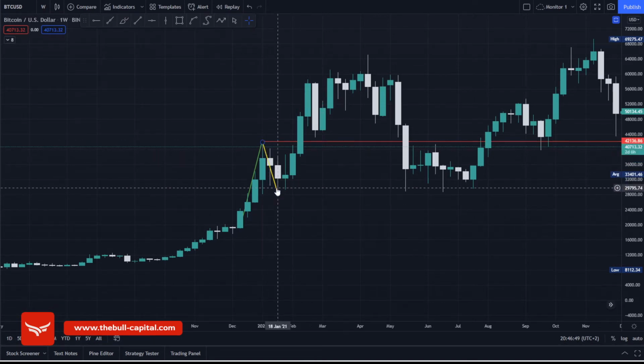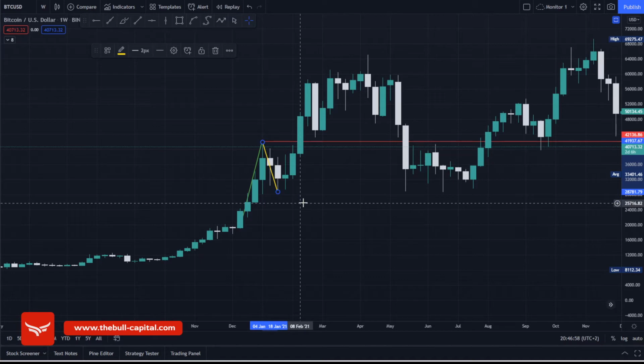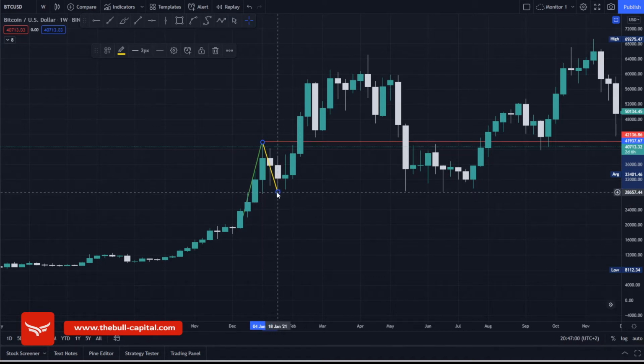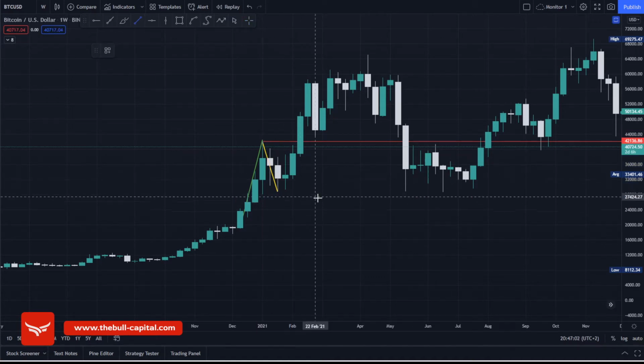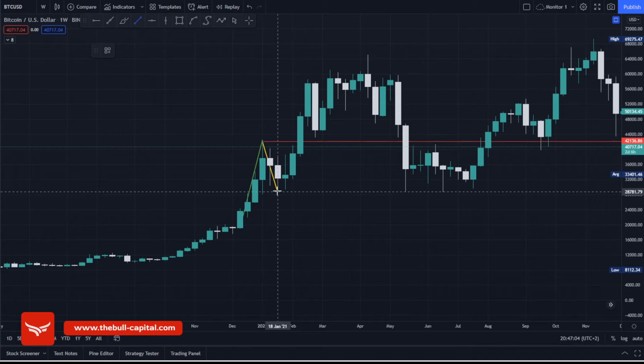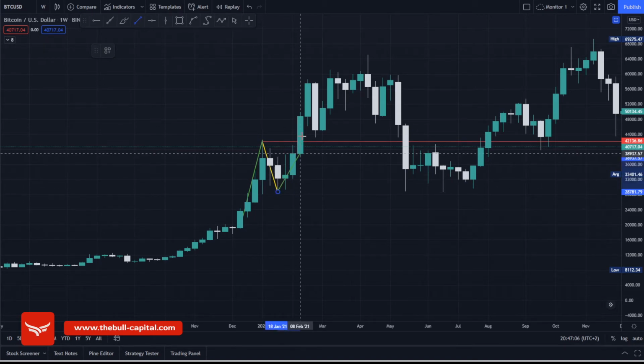Now we have this swing low. So this is the lowest bearish candle, and from here it starts to reverse and make a swing high.